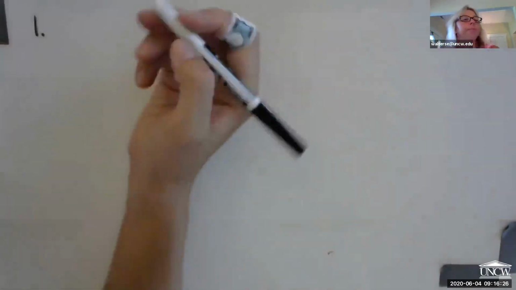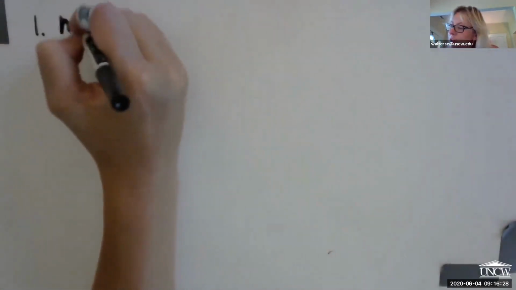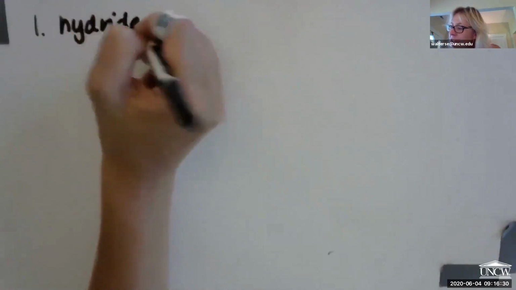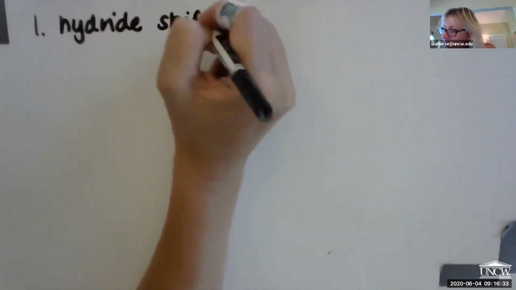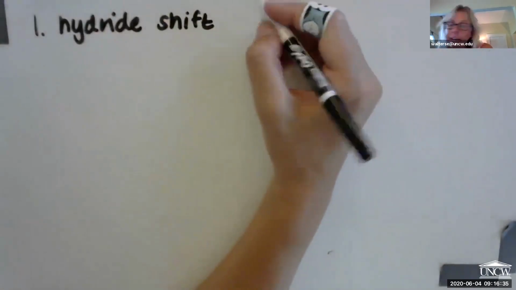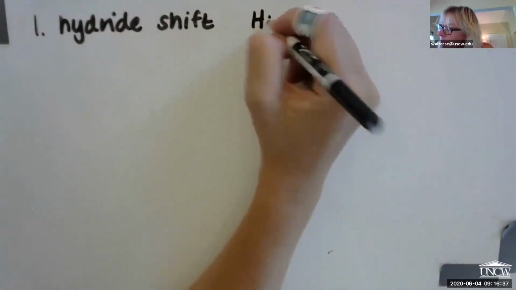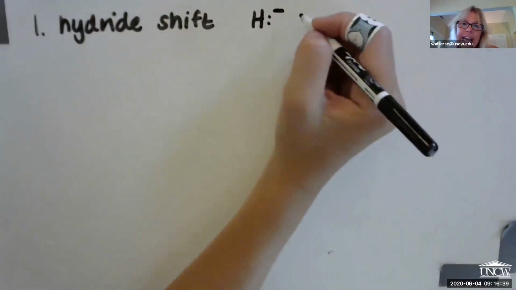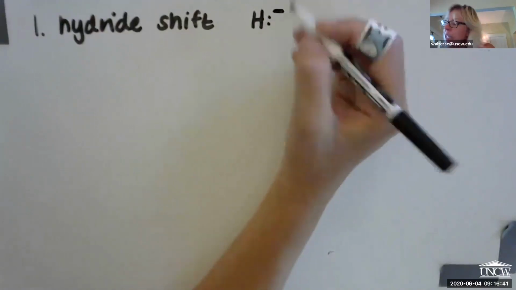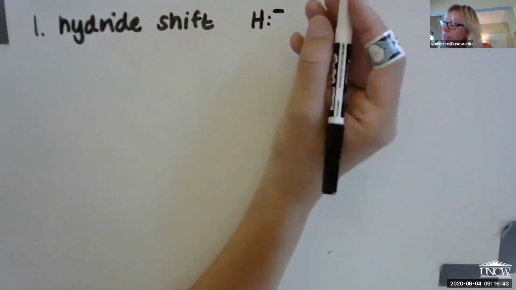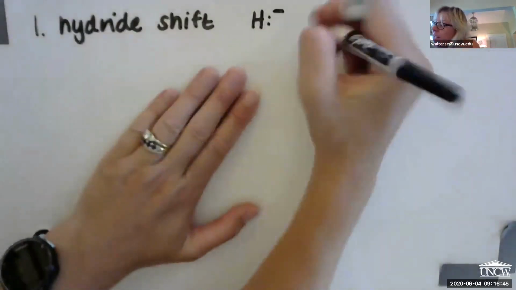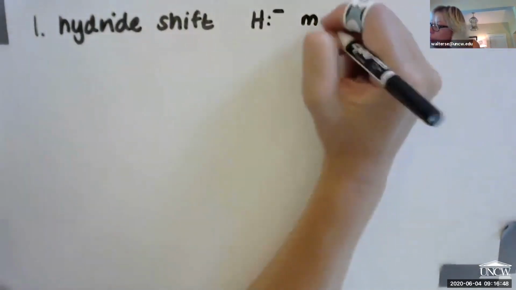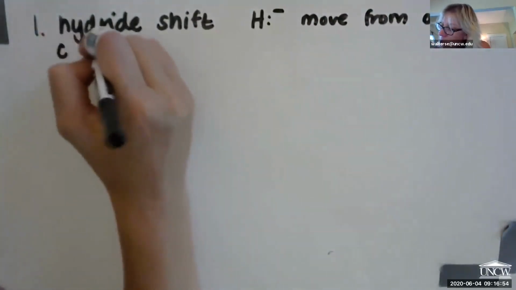So the two types of rearrangements we're going to look at. The first one is called the hydride shift. And again, a hydride is a hydrogen anion. If we're going to shift the hydride, it means it's going to move from one carbon to another.